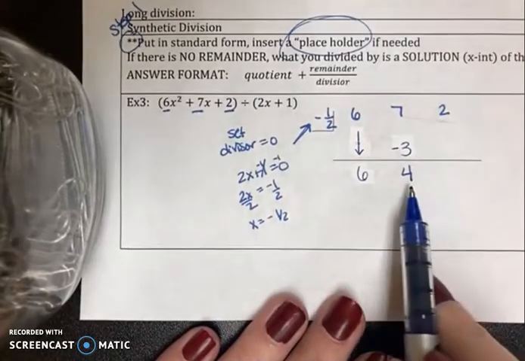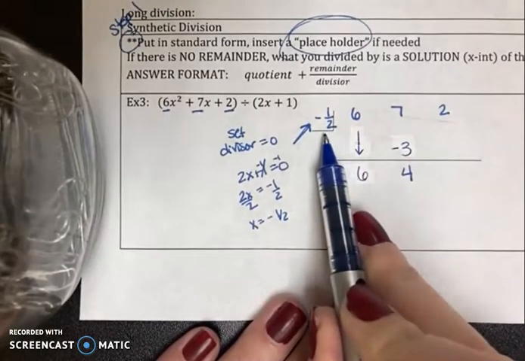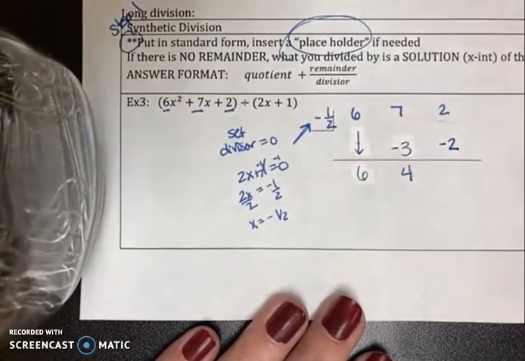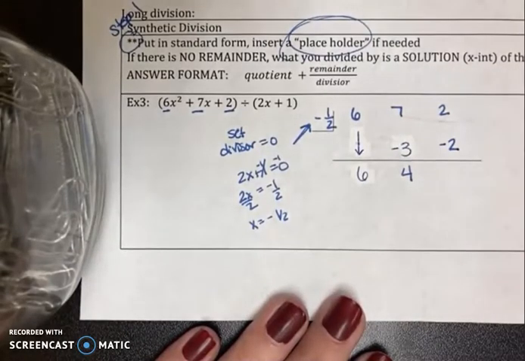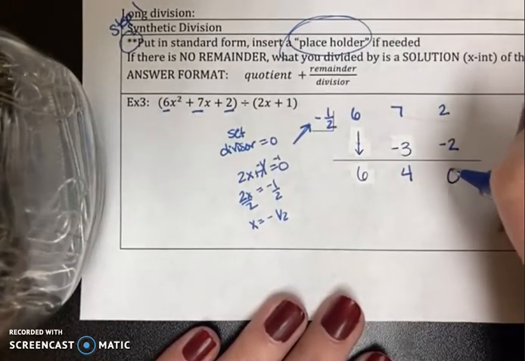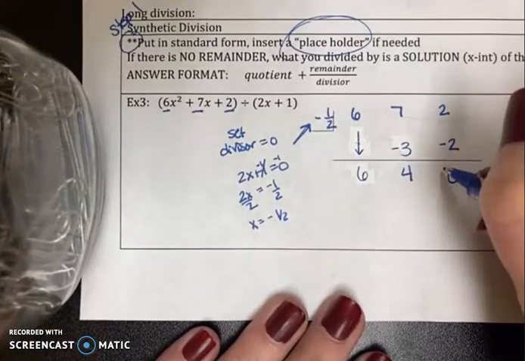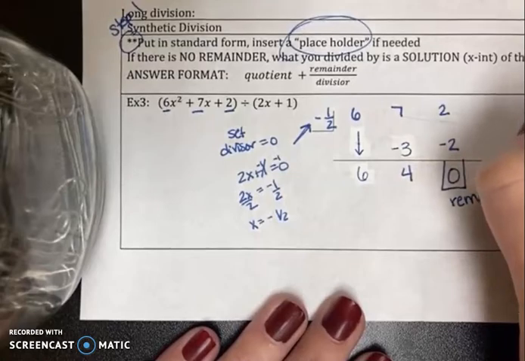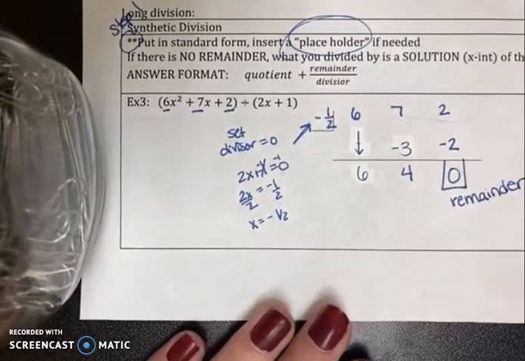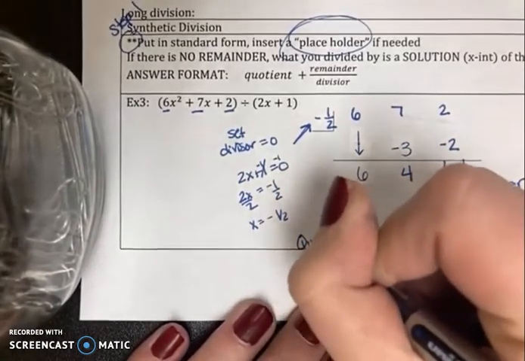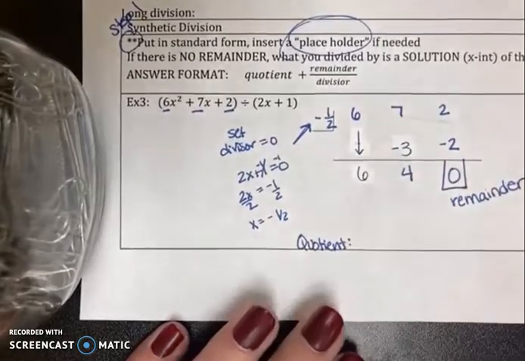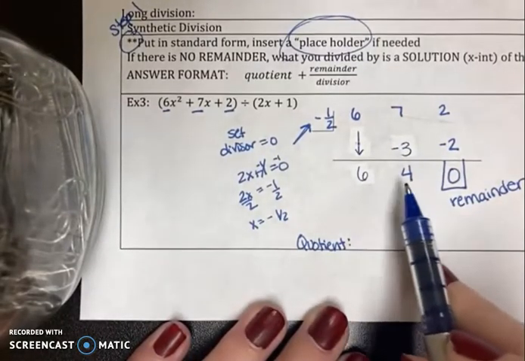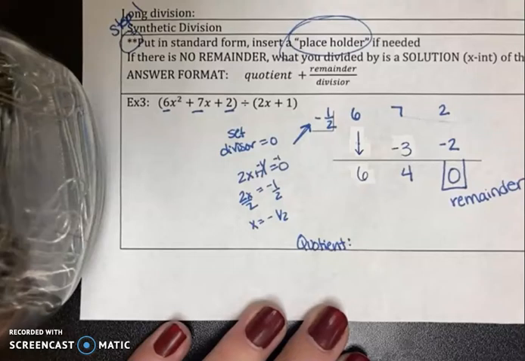Once again, I'm going to take this number down here and multiply by the negative 1/2, which would give me a negative 2. And then I'm going to add those two numbers together, which would give me 0. Your last number will be your remainder. And when we write our quotient, which is our final answer, we have these numbers here as our new coefficients.